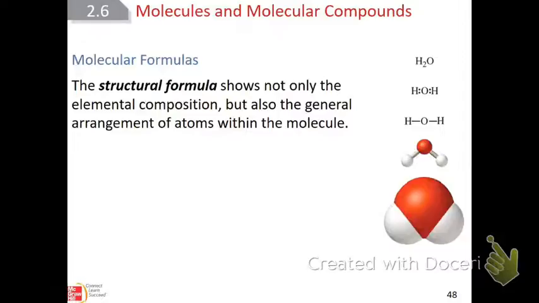And so this is showing you the different ways that you can write water. The molecular formula for water is H2O, and yet these 2 red balls are different ways that you can write the structural formula, the ball and stick method for it. All right.